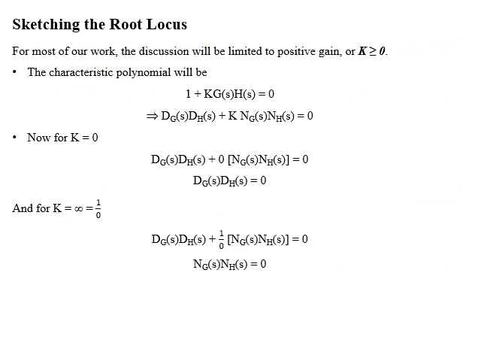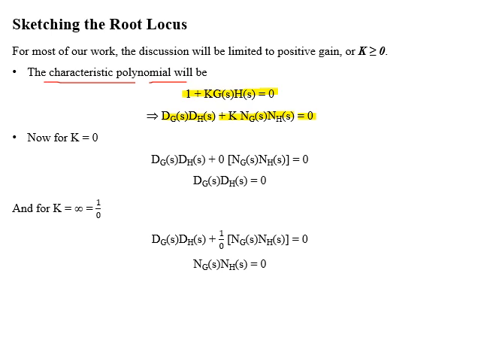Dear students, similarly we can obtain the characteristic equation of the closed loop system, which is 1 plus K G of S into H of S equals 0. Substituting the values of G of S and H of S, we obtain Dg of S into Dh of S plus K into Ng of S into Nh of S equals 0.